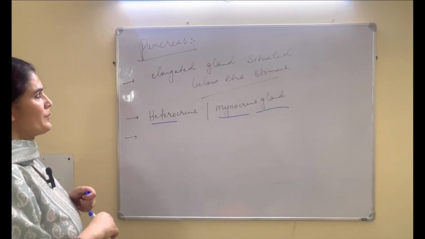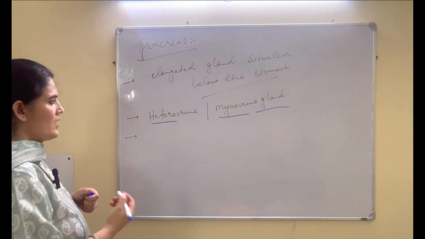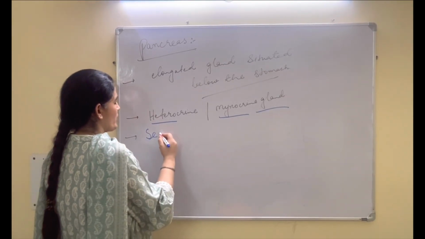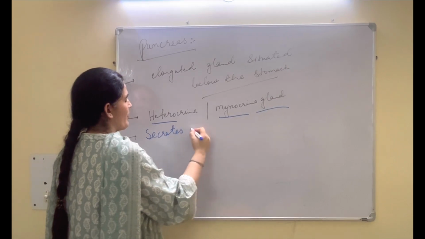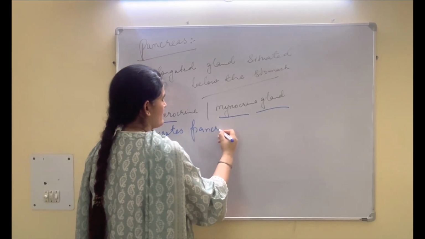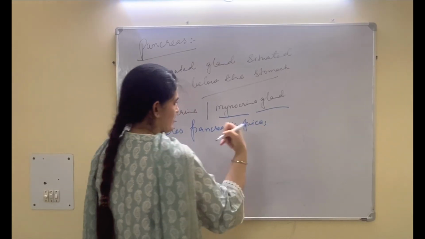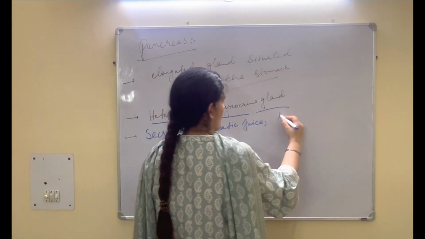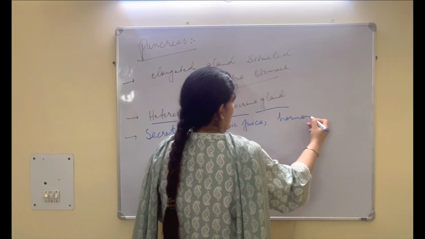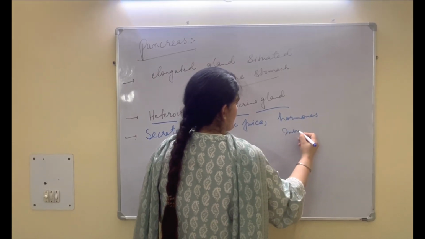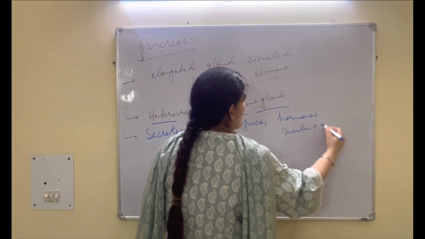And this pancreas secretes pancreatic juice, and it secretes some hormones, which are insulin and glucagon.